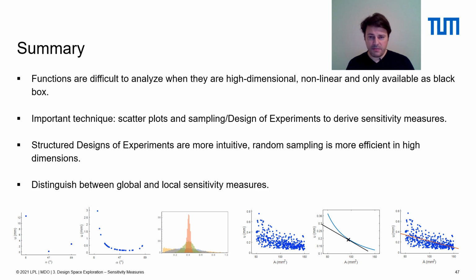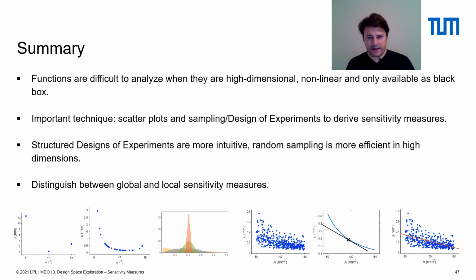For the sensitivity measures we talked about, you need to keep in mind that there are global and local sensitivity measures. For all sensitivity measures, you carry out some kind of normalization, and that will affect the assessment of relevance.